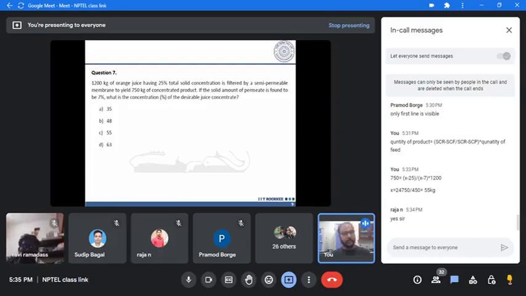So subtracting, 1200x minus 750x, that will be 450x, and the other side will be 30,000 minus 5,250, that is 24,750 upon 450. So that will be 55 kg. So the solid concentration in retentate will be 55 kg.